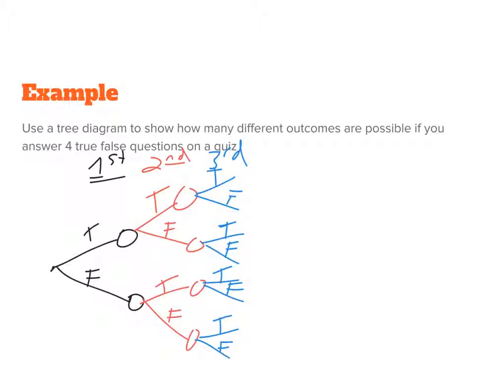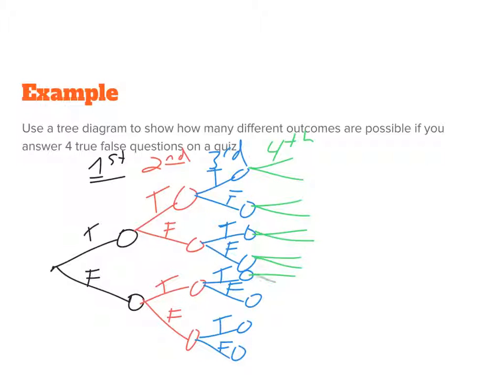And for the final one, each one of these endings has 2 choices on top of it. There's true and there's false.